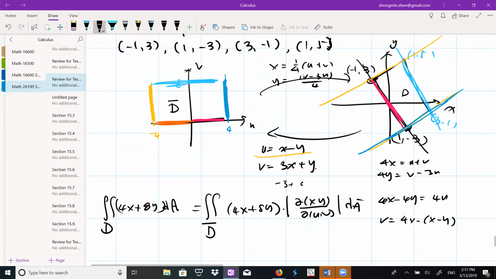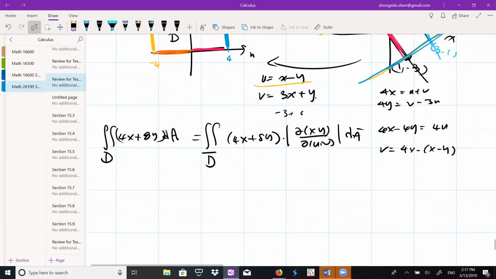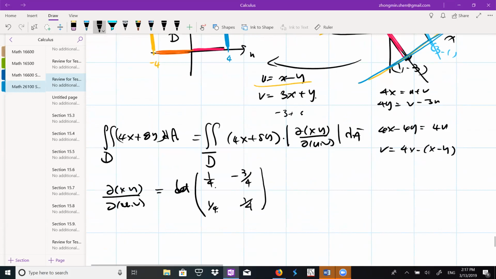So I need to calculate this determinant. The derivative of x with respect to u is 1/4, the derivative of y with respect to u is -1/4, then the derivative of x with respect to v is 1/4, and this is going to be 1/4.